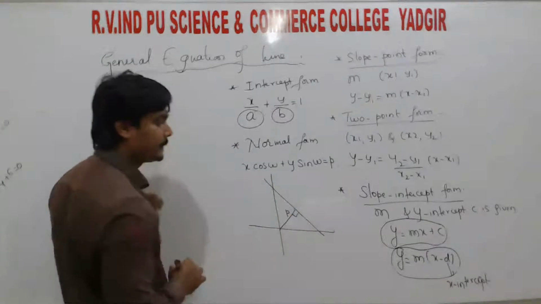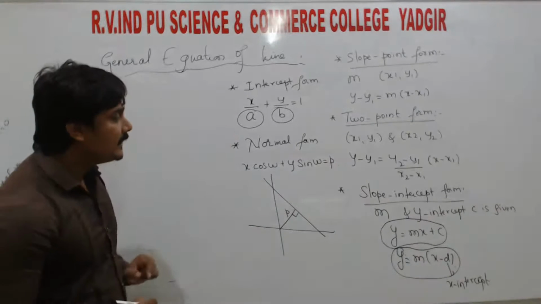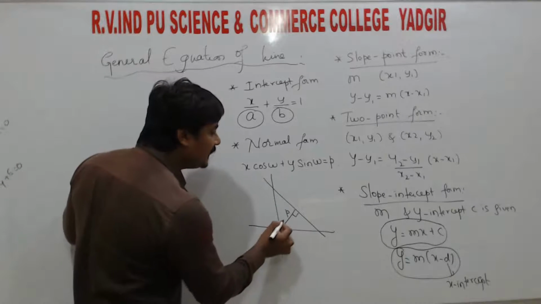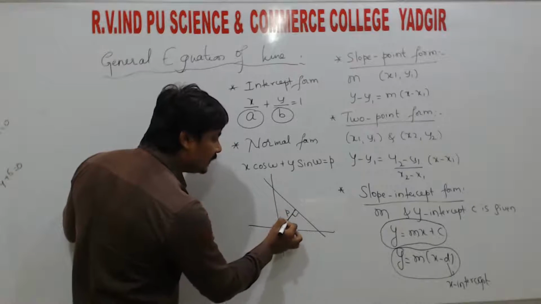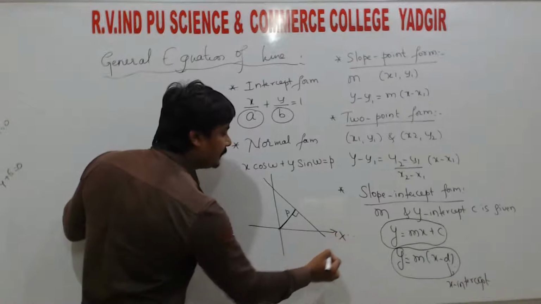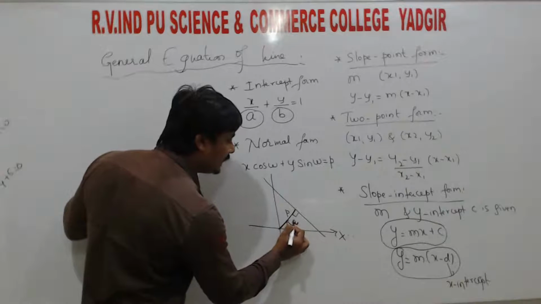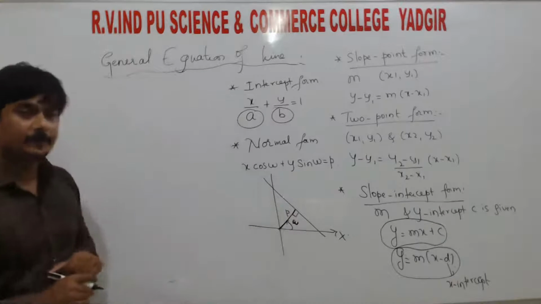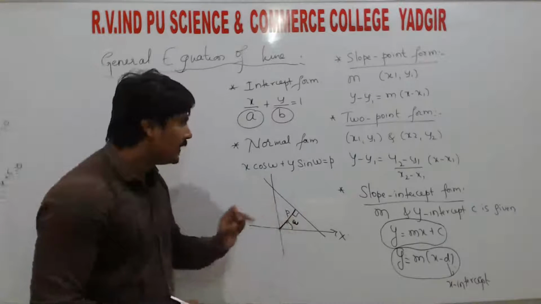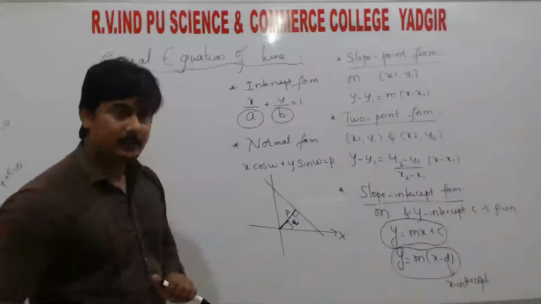This is p. Omega stands for the angle made by this perpendicular with the positive direction of the x-axis in the anti-clockwise direction. This is omega. So when p and omega are given, use the normal form.